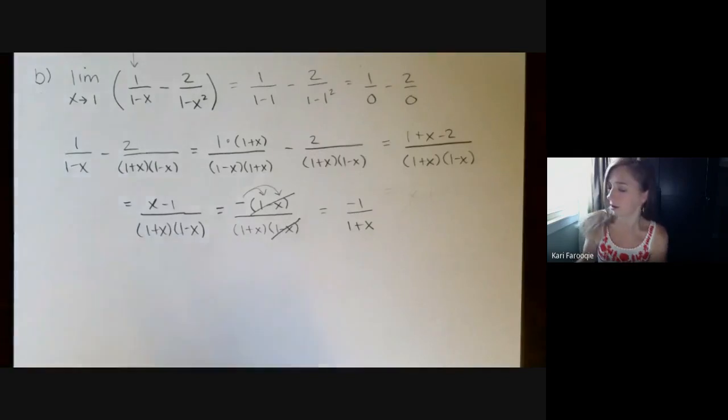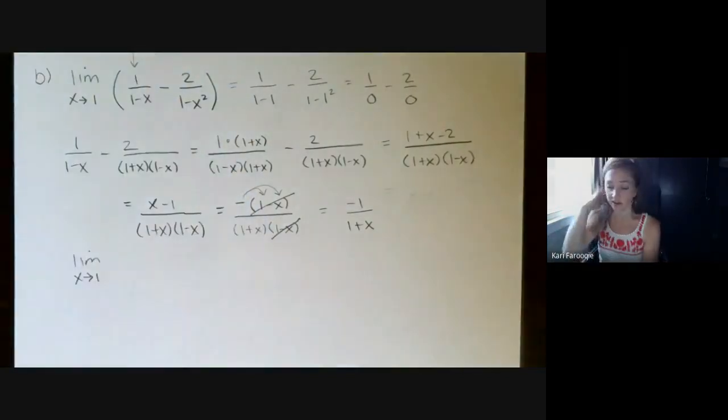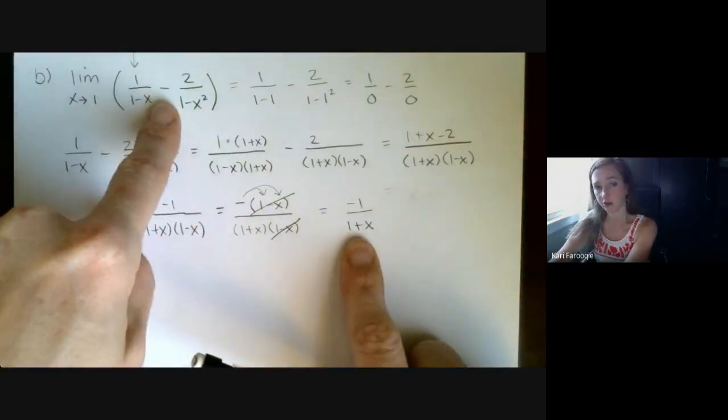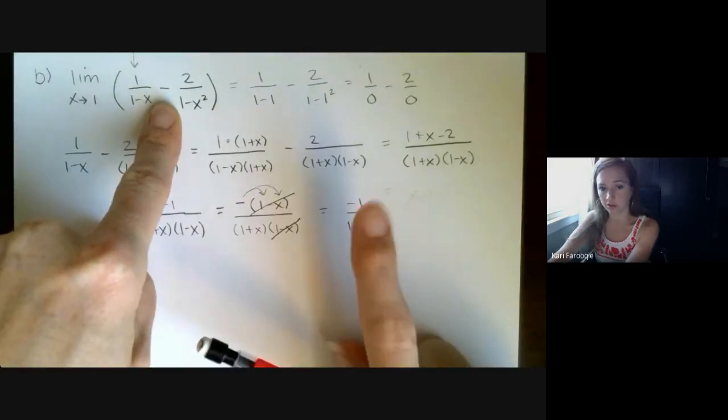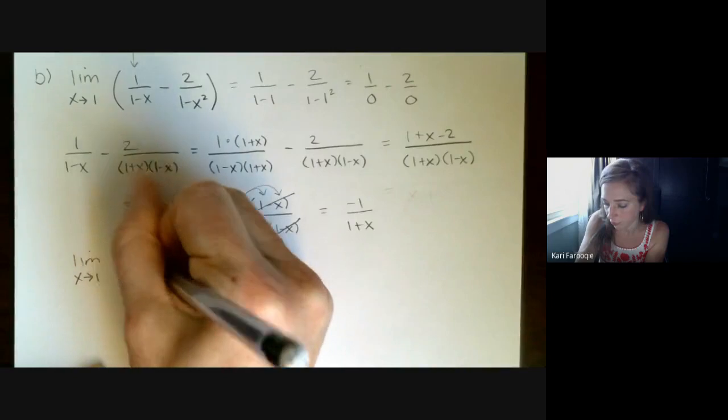Okay. All right, so now we can rewrite our limit, and we're going to take the limit now of the equivalent expression. So we turned this difference of terms into the fraction -1 over 1 plus x.